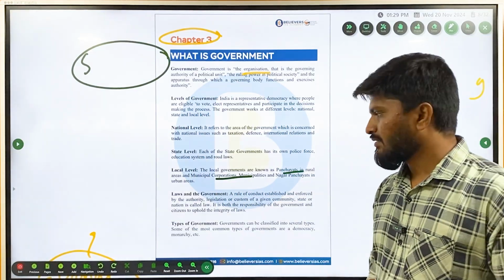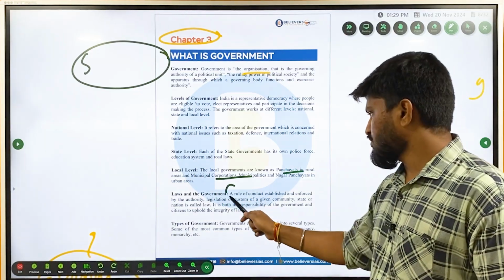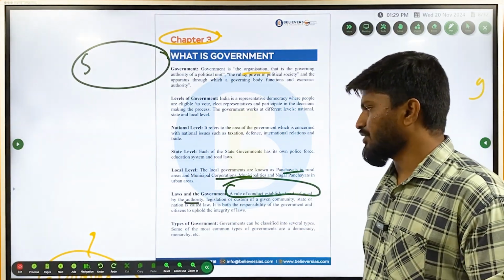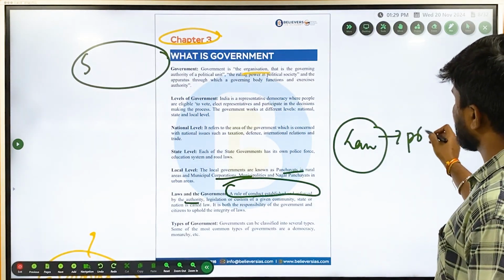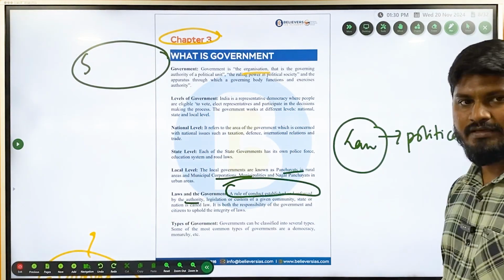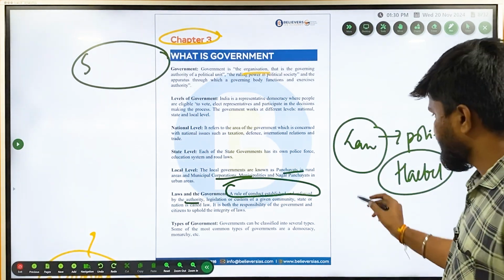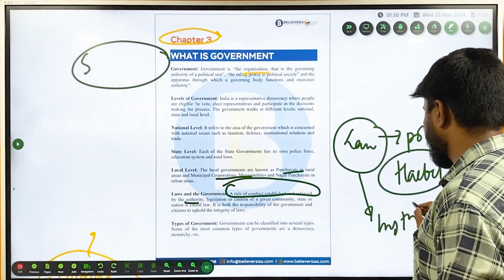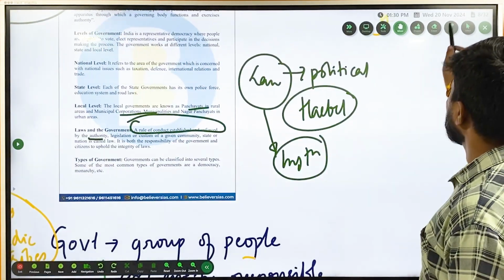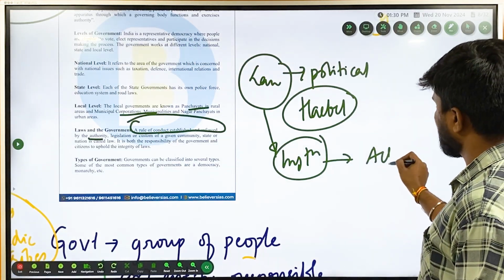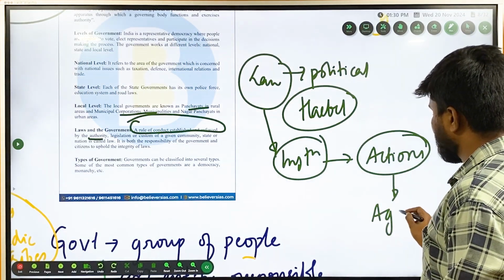Okay, and then we'll understand what is law and government. Laws are rules of conduct established and enforced by an authority. According to political scientist Hobbes, law is an institution that stops behavior, that stops actions which are against the accepted norms.